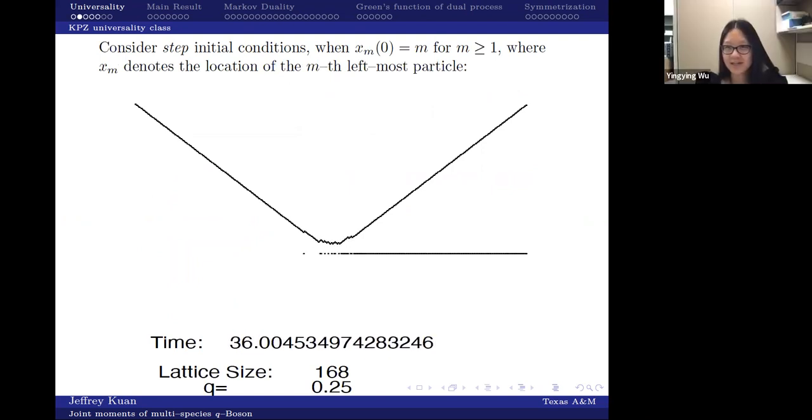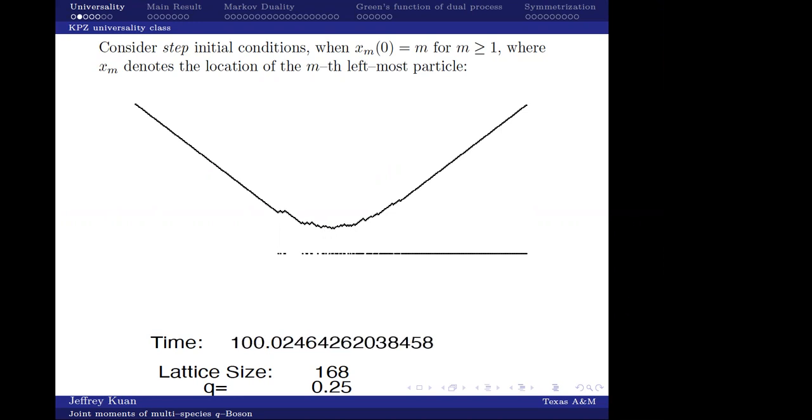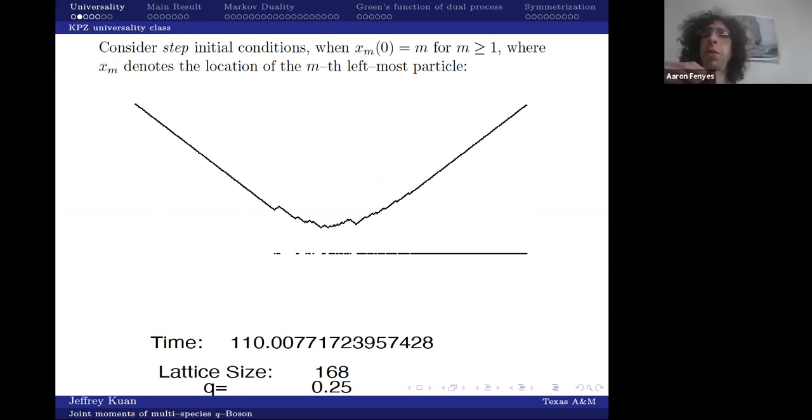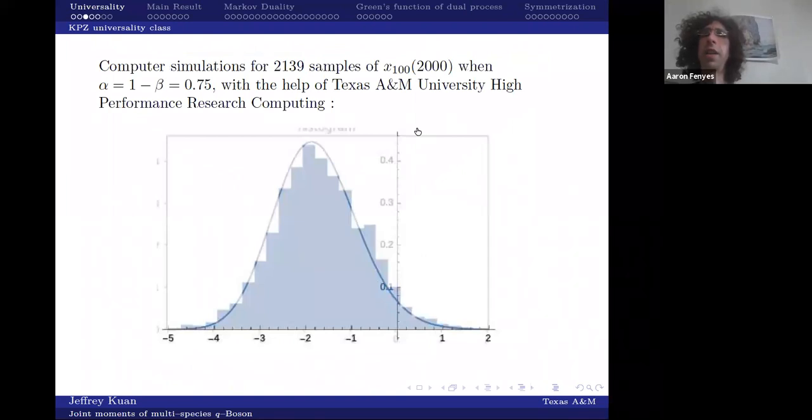Okay, do we have any other questions from the audience? Speaking of computations, when you were doing the supercomputer experiments, is there some clever method that one can use to sample these processes? Or are you very literally generating these exponential clocks and then checking to see which jumps are allowed and so on?